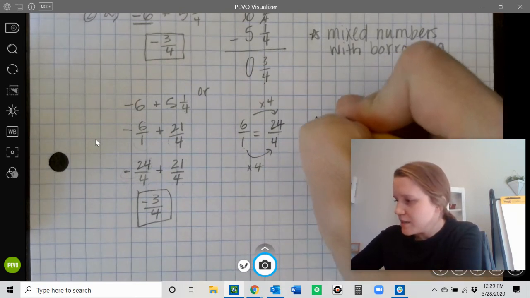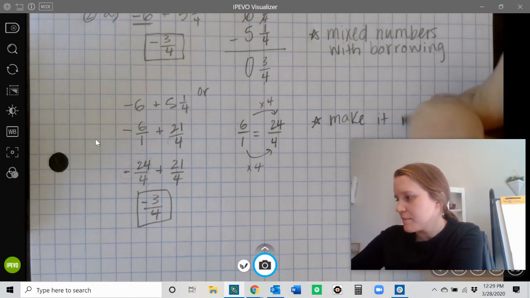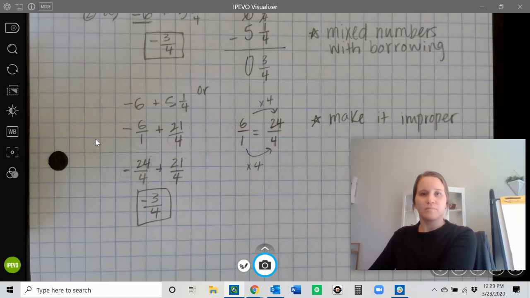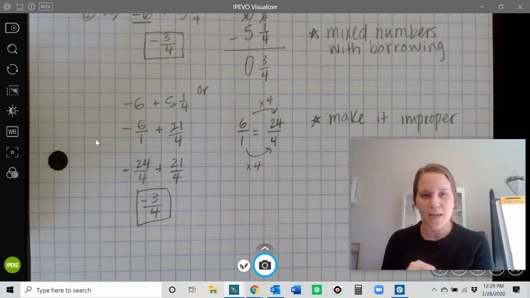Second strategy, let's call it make it improper. So 2 ways you can do this question. In a few minutes, you're going to pick your favorite for a question like this one. Okay. If you need to catch up on your notes, please click pause here. Otherwise, we're going to move on to the next question.